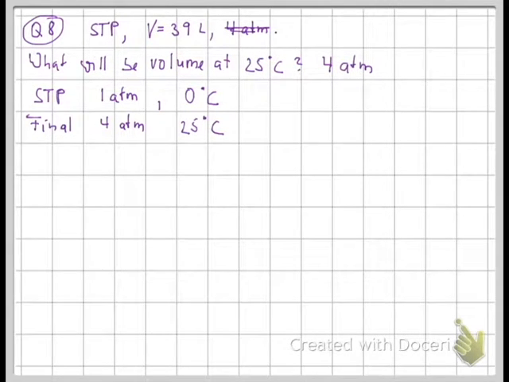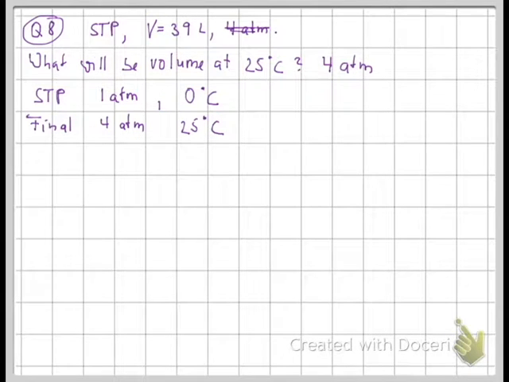So what's the volume? We can't use the laws we've been using. The one law that we can use that deals with those 3 variables is, let me switch my colors because I wanted to use green for solving and purple for question.